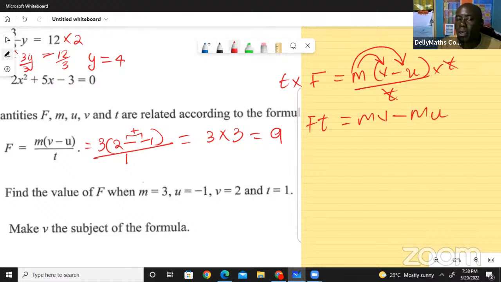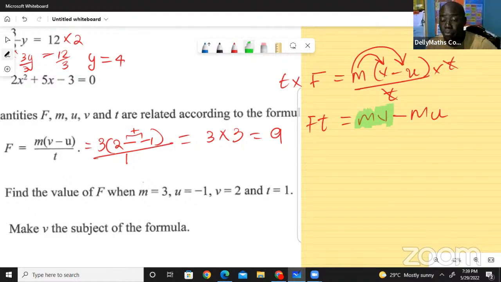Remember, we're focusing on isolating the V. But there's a principle in the transposition game that says leave the subject and anything directly attached to it for last. So I'm going to leave that and work on getting rid of that negative MU. So I'll be adding MU to both sides.